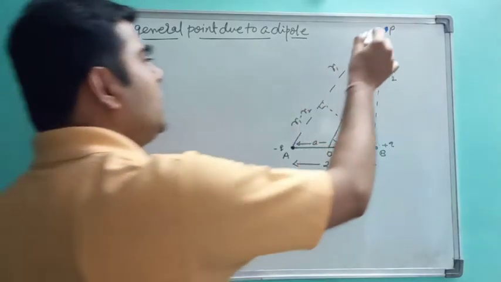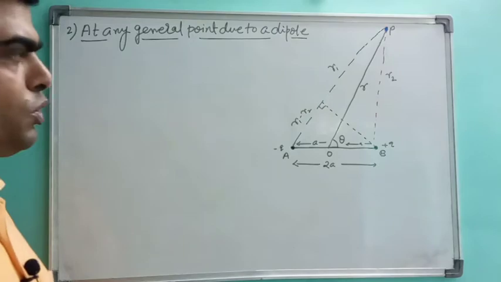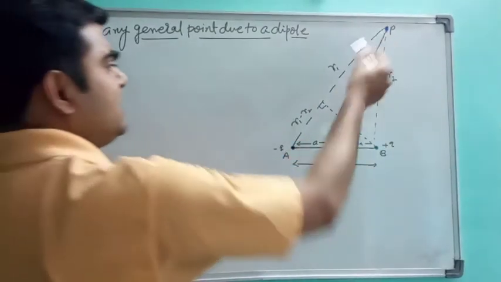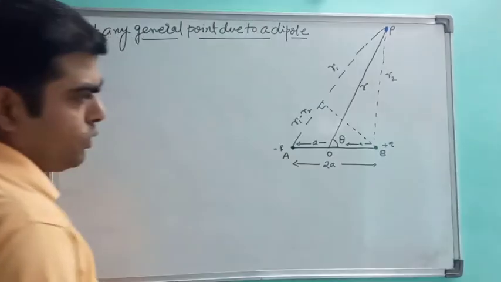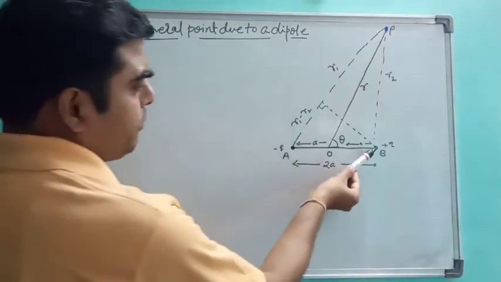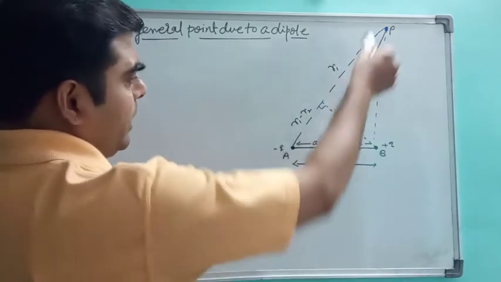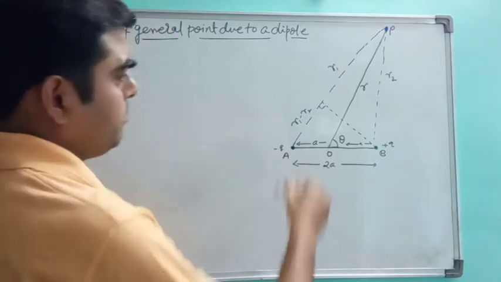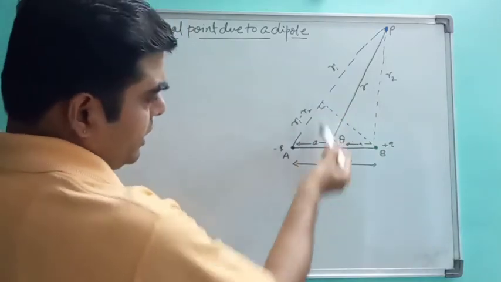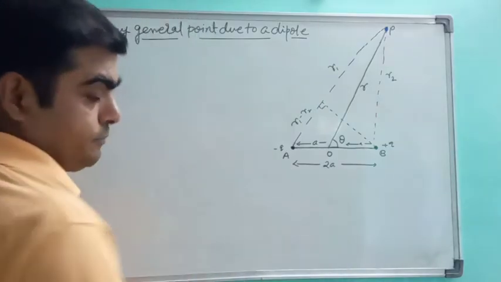Point P is where we calculate the electrical potential. Now AP distance is R1 and BP distance is R2, and point B is perpendicular to the AP line, making a right angle triangle, and the base is R1 minus R2, and hypotenuse AB is equal to 2a.